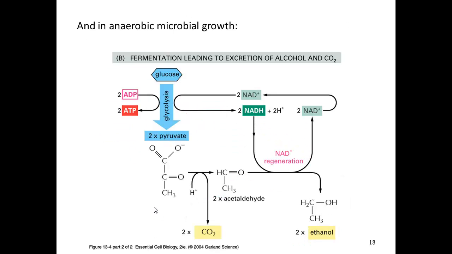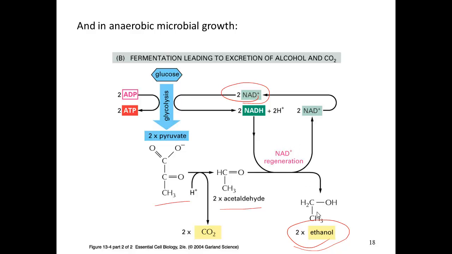And bacteria have evolved a different strategy for the same problem of regenerating NAD+, for which we're all probably pretty grateful. Pyruvate gets converted to acetaldehyde, and then it accepts electrons from NADH, producing ethanol, and this is the process which produces beers, wines, and other alcoholic beverages.